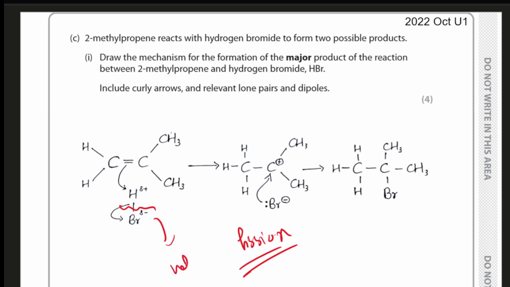In this case it would be heterolytic fission. The reason it's heterolytic fission is that bromine is more electronegative than hydrogen, and we know how heterolytic fission works.